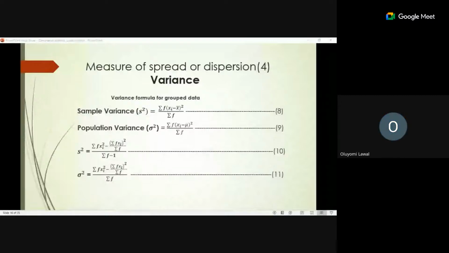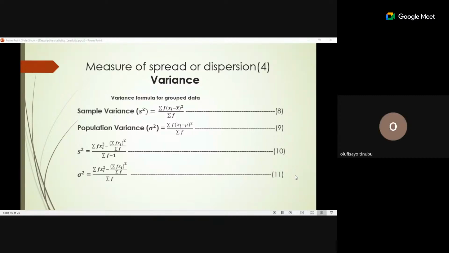You can put a value. So I'm going to use the same data that we used for grouped data for the mean, median, and mode. You can use it, try it, and you're going to get the variance.